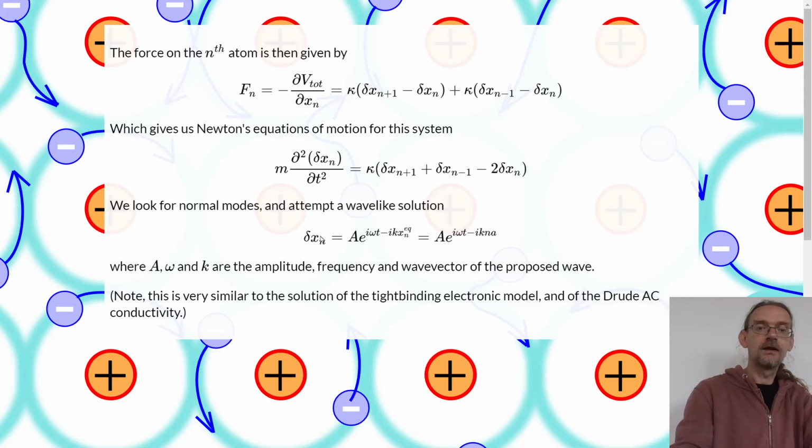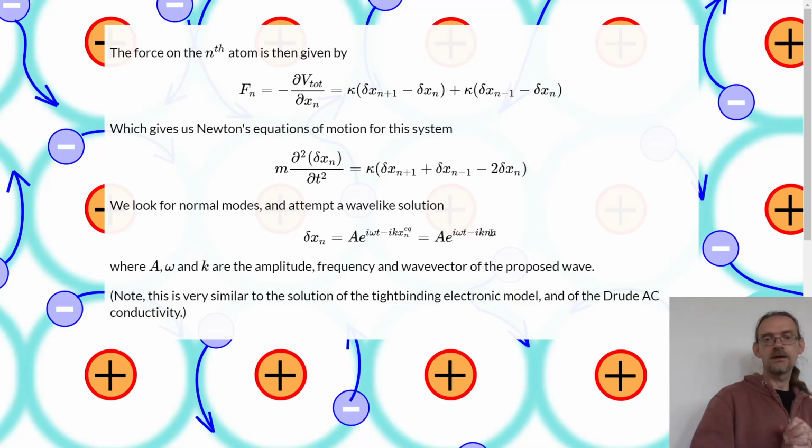So we're going to say that the displacement of the nth atom is going to be written in this form: A, and then a complex exponential, i omega t minus i k, which is some wave vector, na, where na is the position of the undisplaced atom.